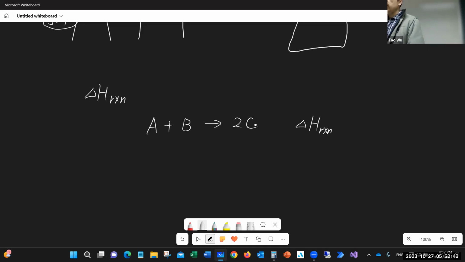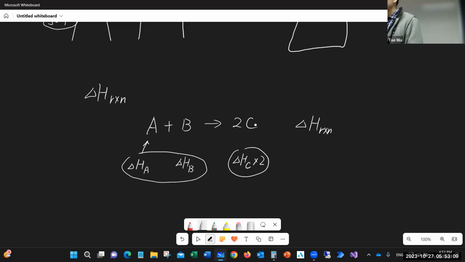The good thing is, if we know the enthalpy, the heat of A, and also the heat of B, and meanwhile I know the heat of C and times 2, the difference of those two will be just the difference of the heat of the reaction.